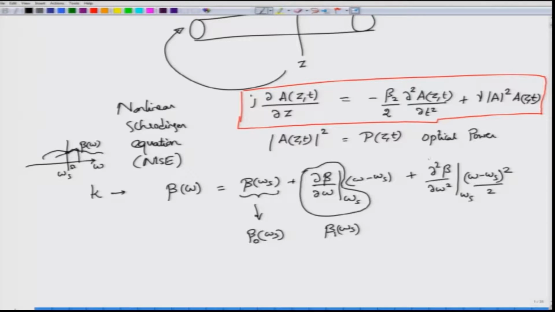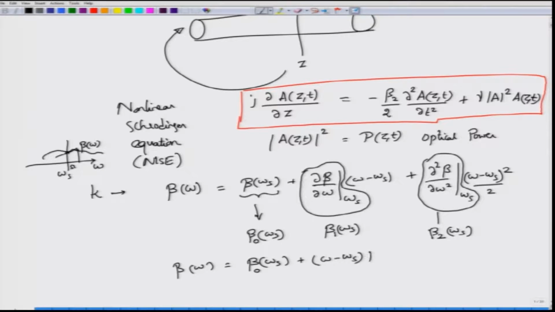And you also have a shorthand notation for this one, which is beta 2 of omega s. Okay. So, in terms of these shorthand notations, beta at any omega, which is very close to omega s but not exactly equal to omega s, is given by beta 0 of omega s plus omega minus omega s into beta 1 at omega s plus omega minus omega s whole square by 2 with beta 2 at omega s.